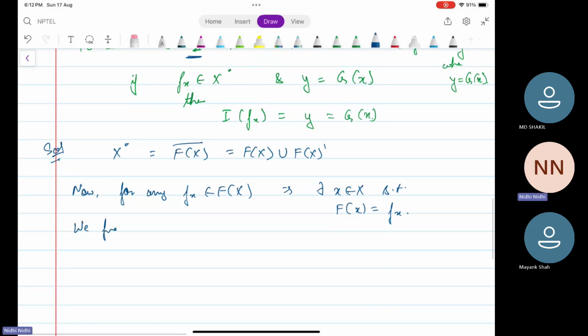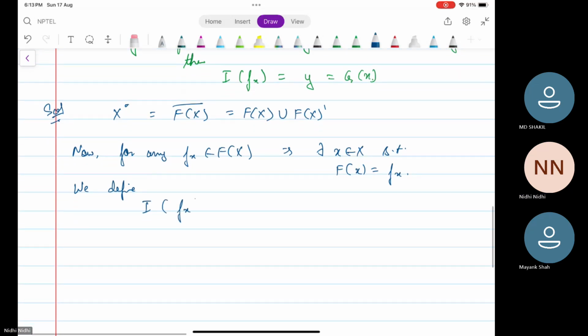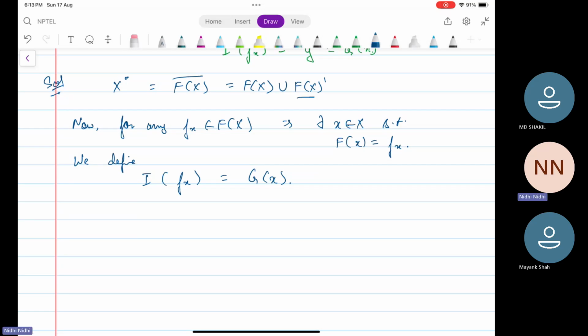We define I at this f_x to be equal to g of x. Then we need to define I for the points or the functions in f(X) prime, or f(X) bar minus f(X).